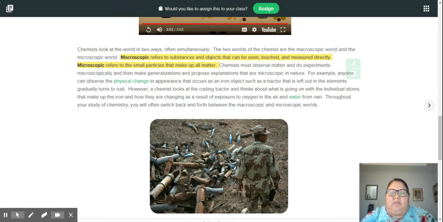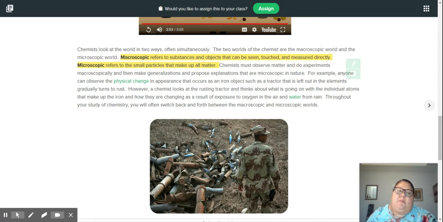So, macroscopic would be looking at the tractor and seeing the rust that's starting to happen. But in microscopic, a chemist is going to say, oh, well, this atom from the iron is reacting with the water and the air and the oxygen, and that's what's causing it to rust.